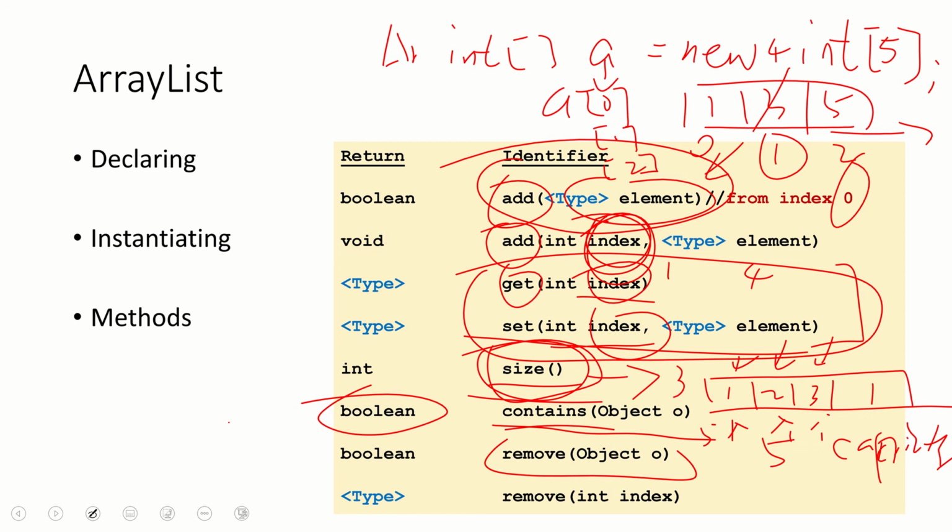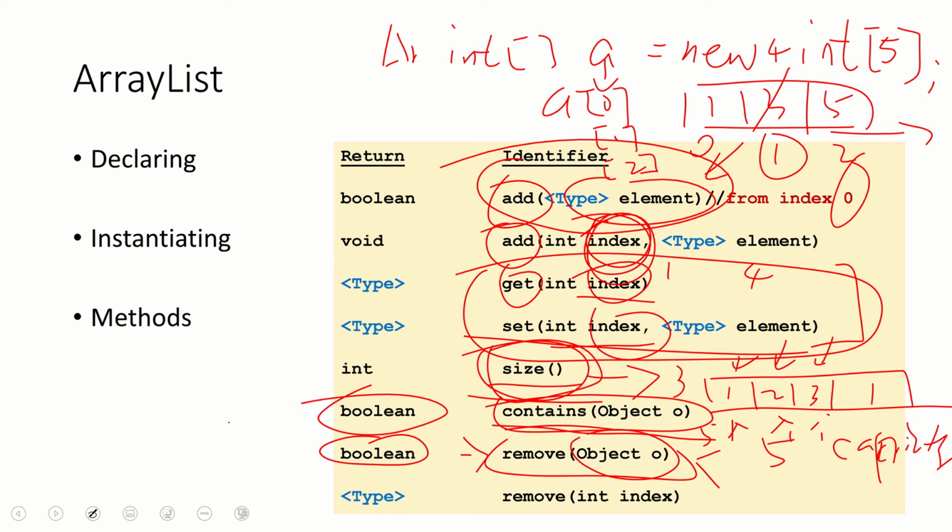Another one is remove. The remove method basically does two steps. The first step, it will search, something like contains, right? It searches whether this array list contains the object over there. If yes, we remove it and return true.